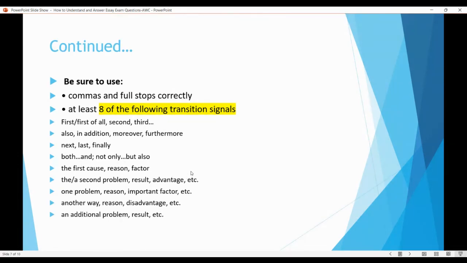The first cause, suppose you're talking about the effects of junk food. If you have maybe many causes, you can say the first cause, the second cause, the third cause is, the fourth cause is. So you can use phrases like this to talk about different causes of a problem.